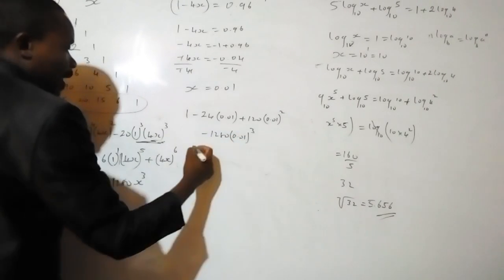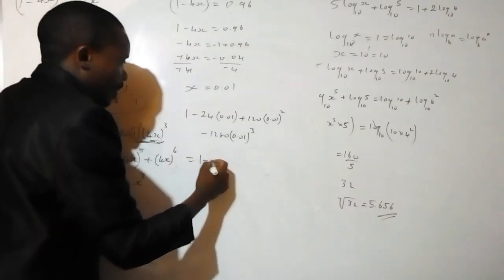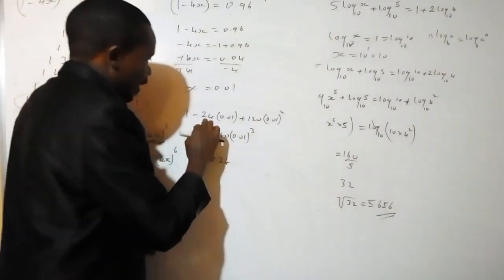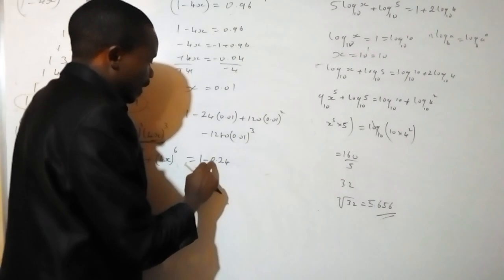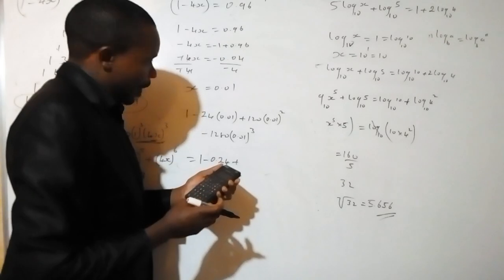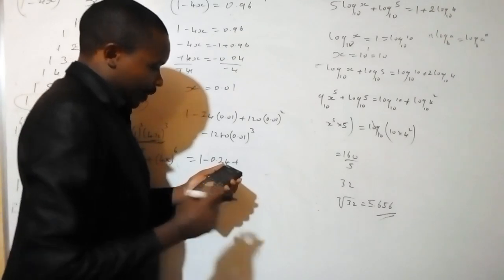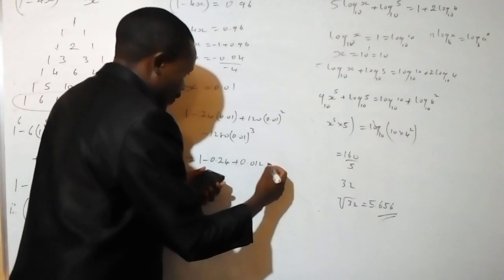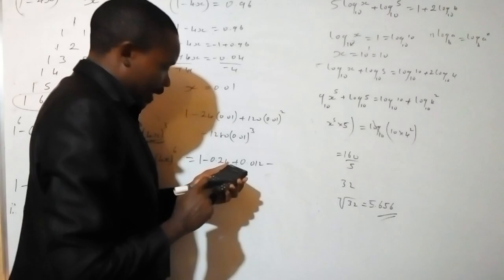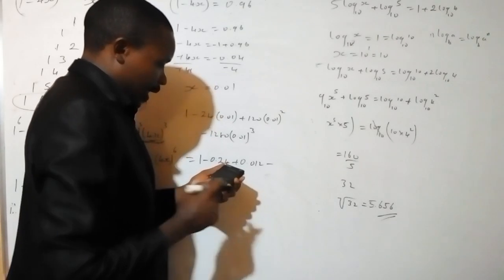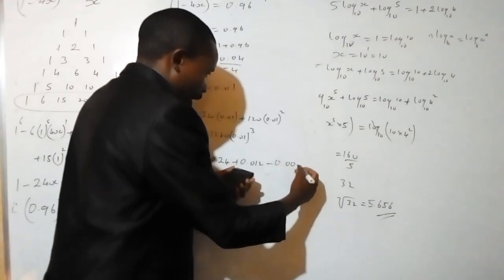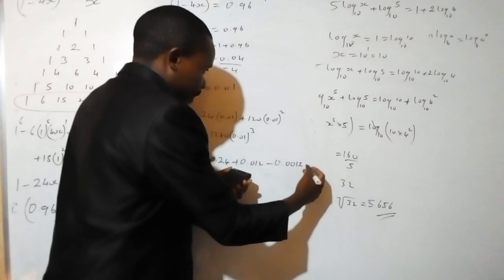And we are going to have 1 minus 0.24. Yeah, 24 times 0.01, it's supposed to be 0.24, plus 0.01 squared times 120, we get 0.012, minus 0.01 cubed times 1280, we get 0.00128, like that.